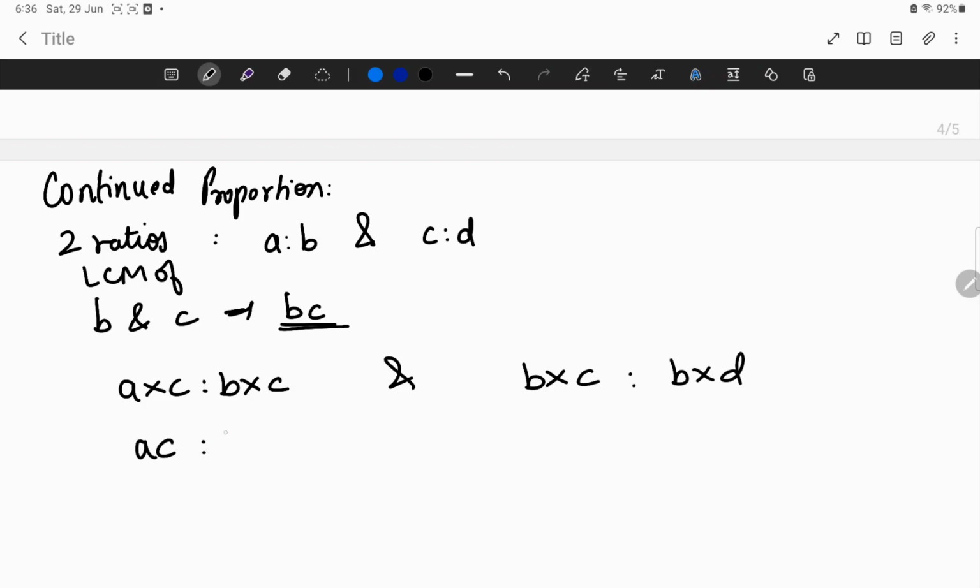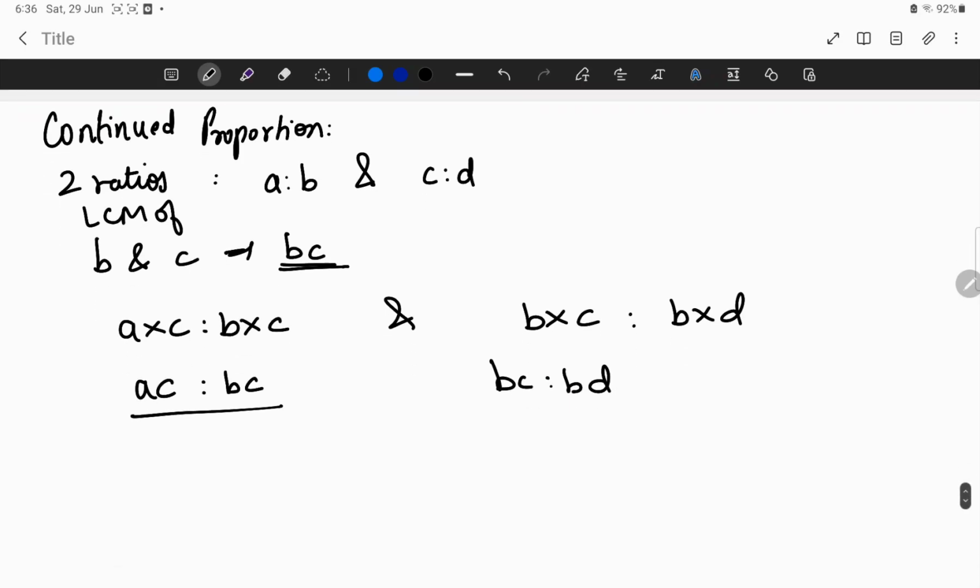They're equal fractions, because if you multiply the antecedent and consequent with the same number, then it is the same proportion. So your AC is to BC will be the same as A is to B, and your BC is to BD will be the same as C is to D. And the continued proportion for this case will now be AC is to BC is to BD.